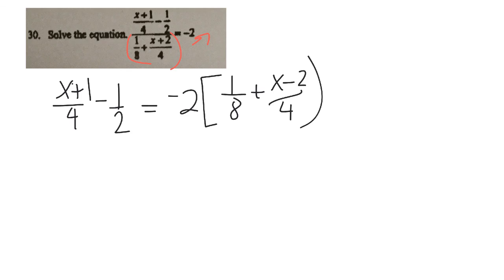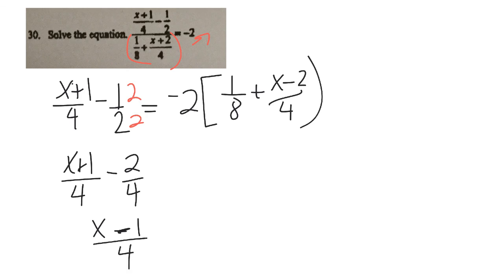And on this side, I'm going to multiply by 2 to get a common denominator of 4. And I get x plus 1 over 4 minus 2 over 4, which gives me x minus 1 over 4.